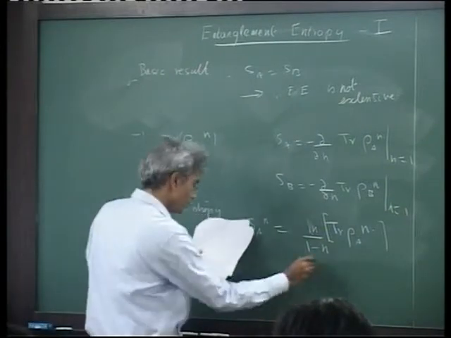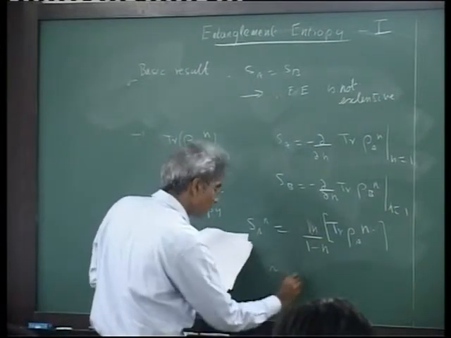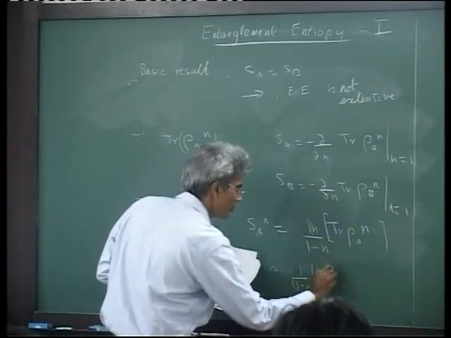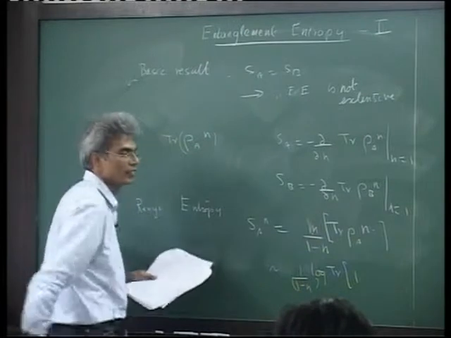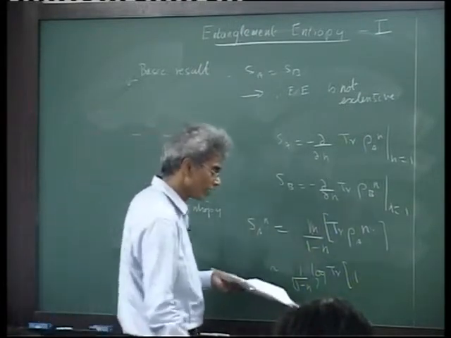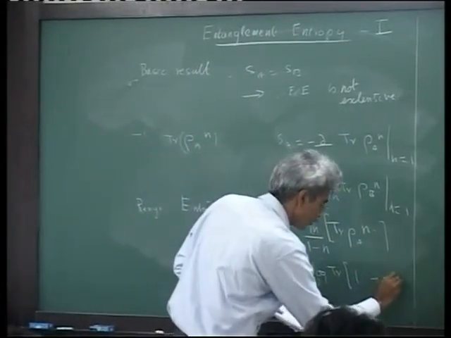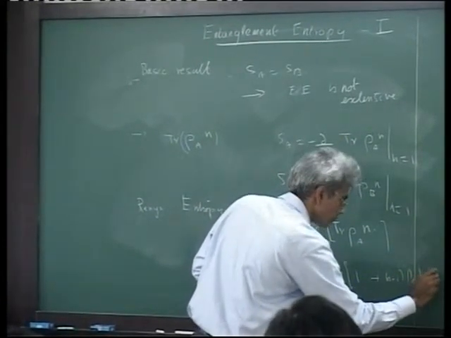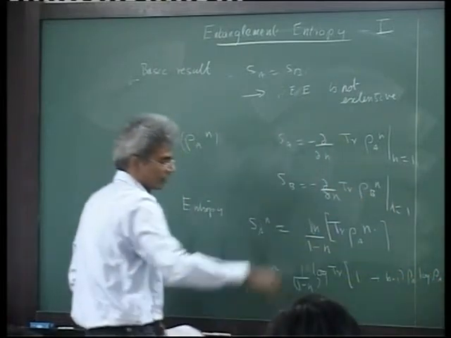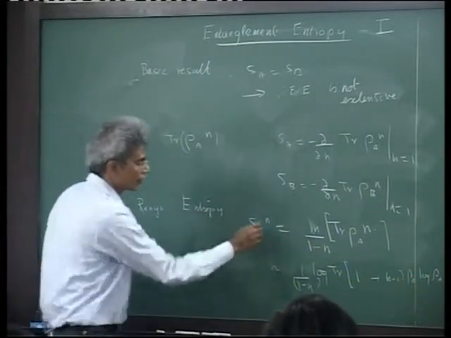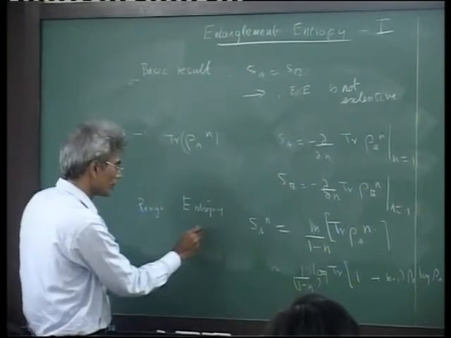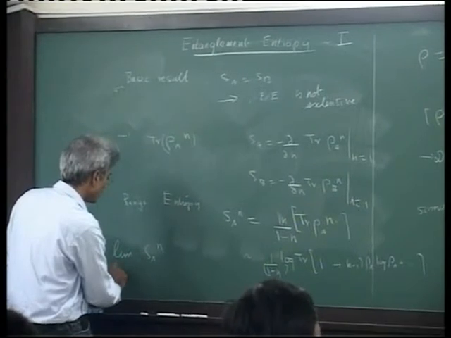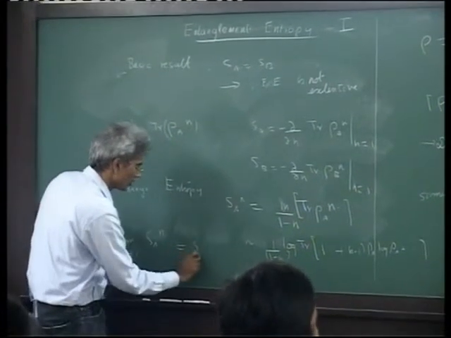So if you expand this, you get 1 by 1 minus n log of trace of rho, which is 1, plus n minus 1 times trace of rho A log rho A, plus dot dot dot, and you see that when n equals 1, it reduces to the entanglement entropy. So the Renyi entropy SA in the limit n equals 1 is equal to the entanglement entropy.